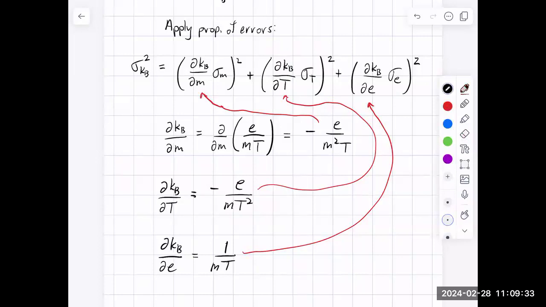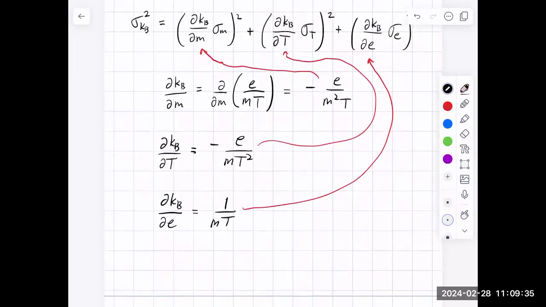When we make those substitutions, we're going to get the uncertainty in Boltzmann's constant squared is going to be equal to e over m squared times t times the uncertainty in m, squared. I've dropped the minus sign because I know that minus 1 squared is going to be plus 1.